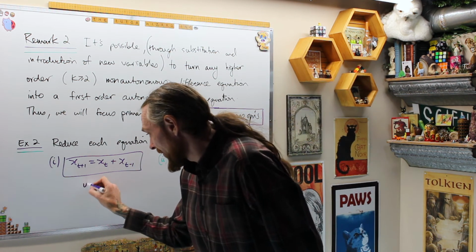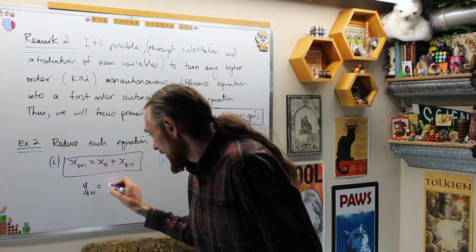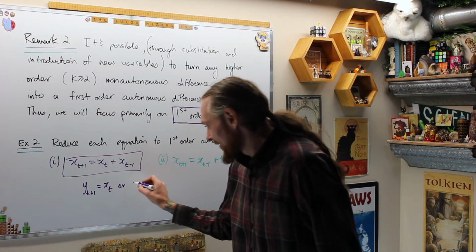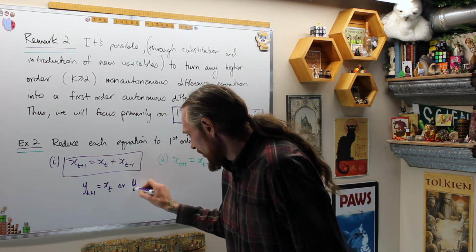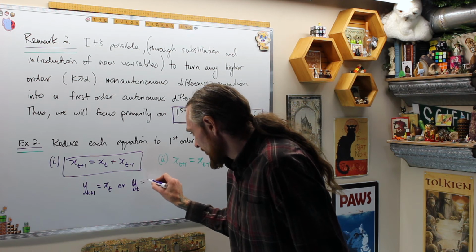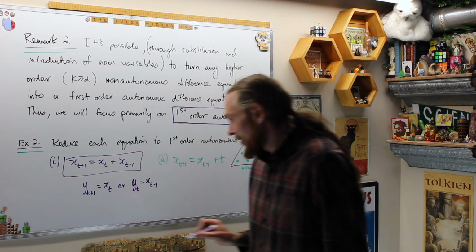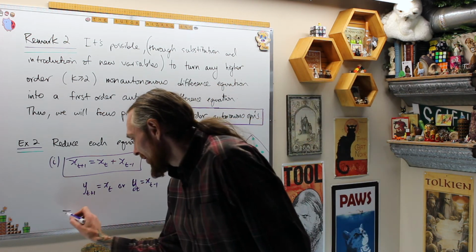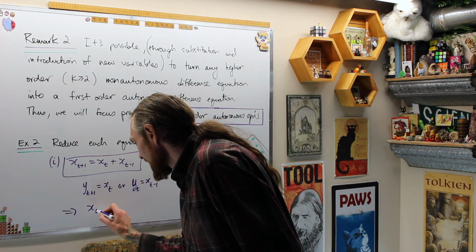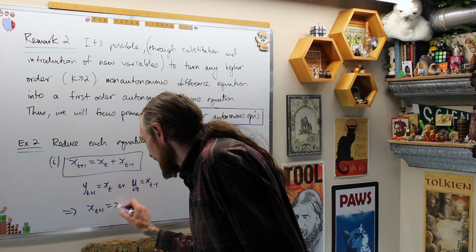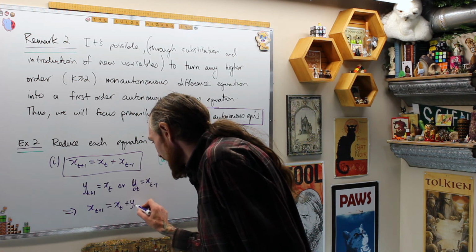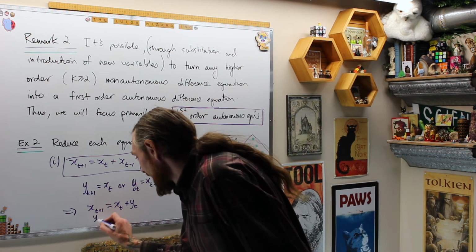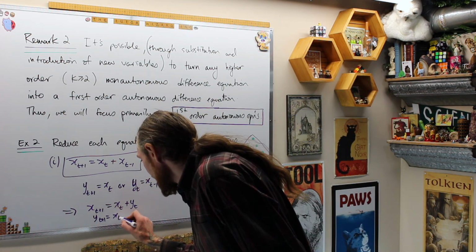What we're going to do is cleverly write y_{t+1} equals x_t, or by reshifting the index, that's going to say that y_t is going to equal x_{t-1}. What is that going to do for us? Cleverly, I can now rewrite the system as x_{t+1} equals x_t plus y_t, and y_{t+1} equals x_t.